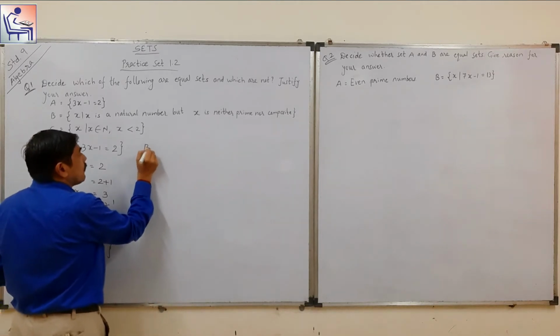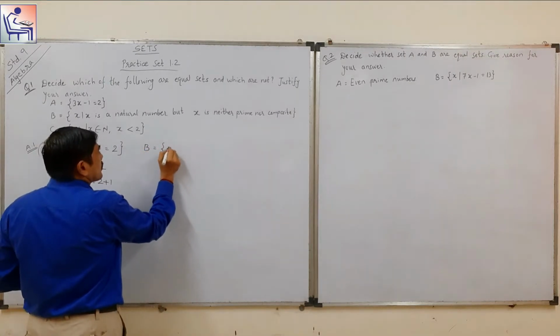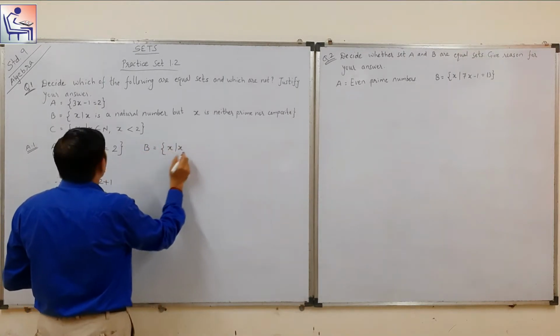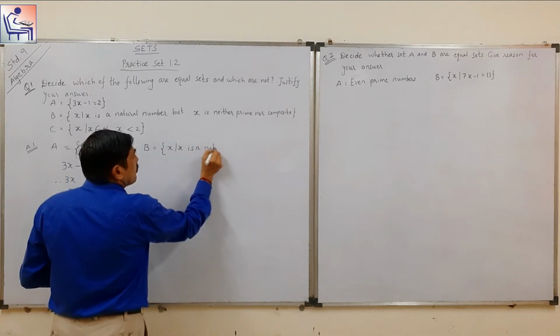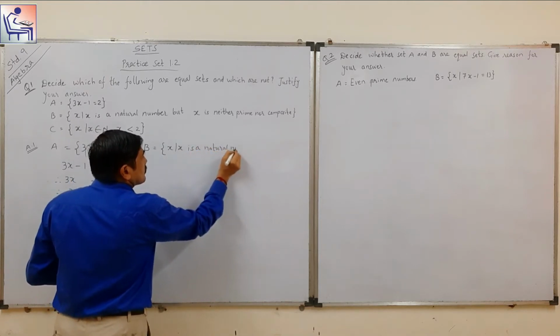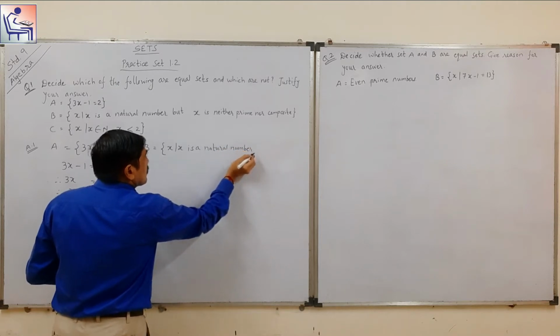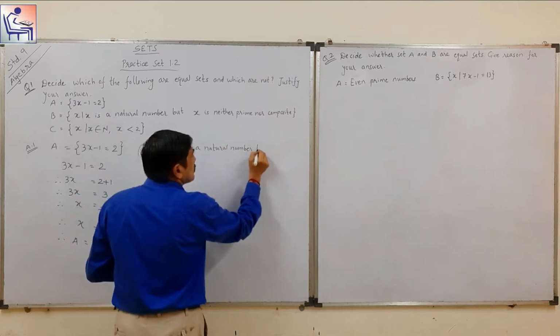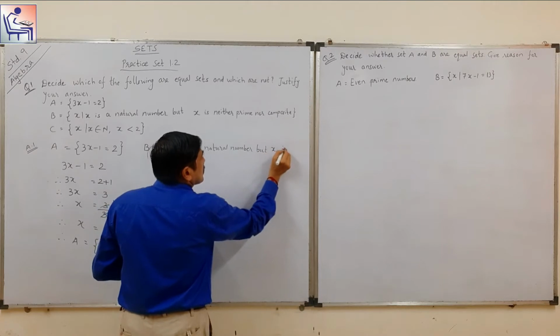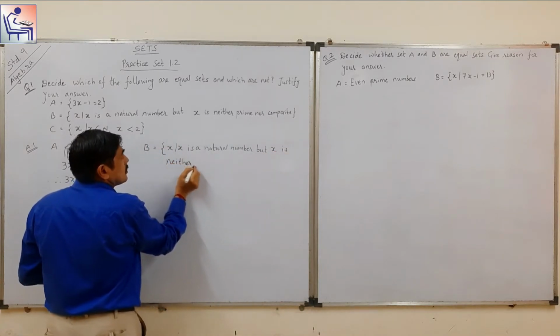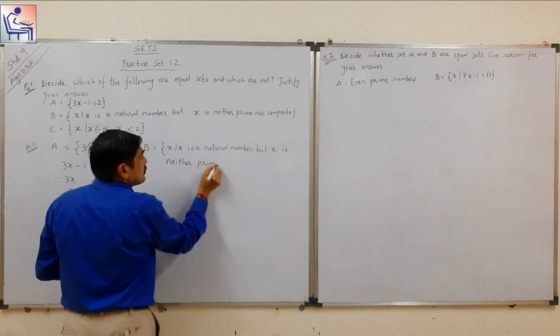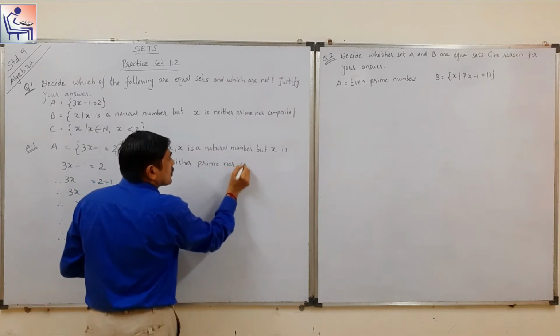Now we will see for B. Set B is a set of all x such that x is a natural number but x is neither prime nor composite.